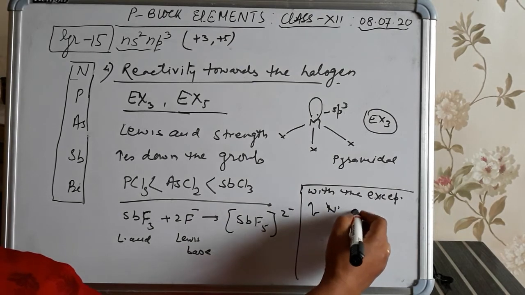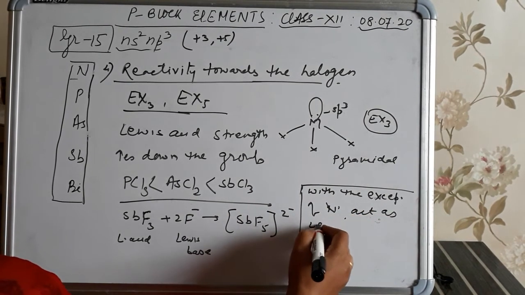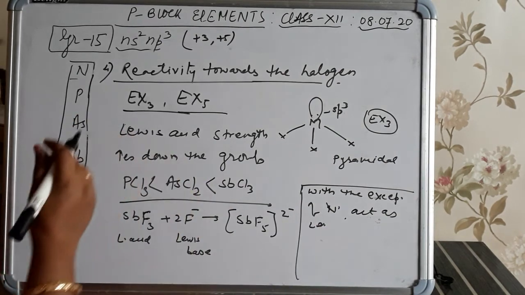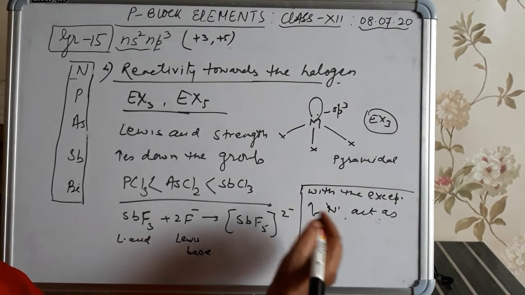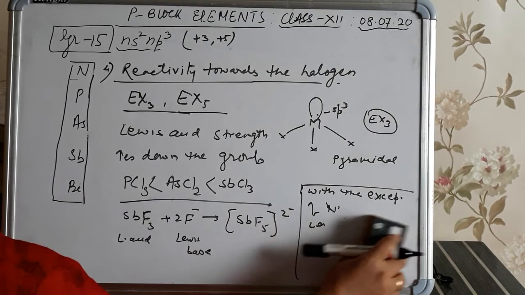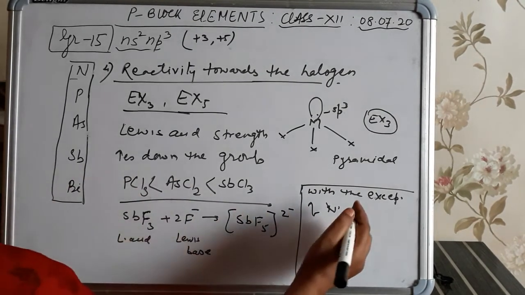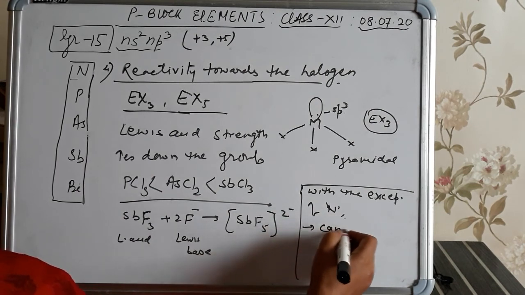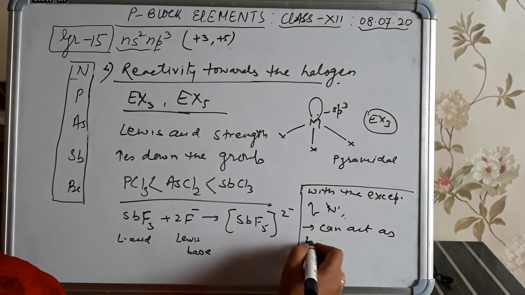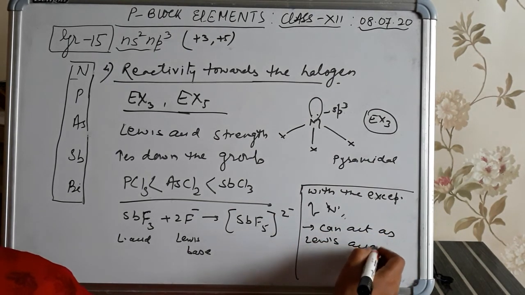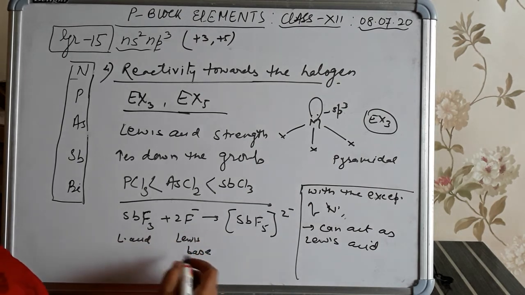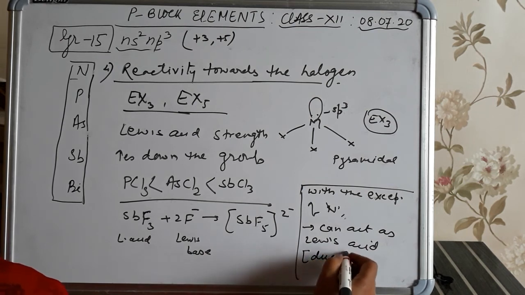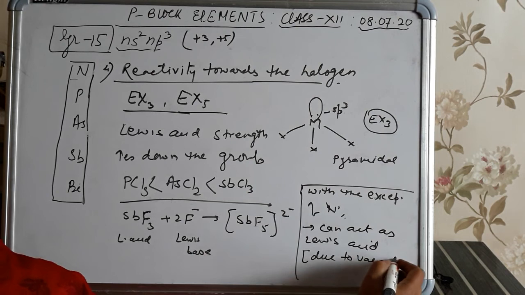With the exception of nitrogen, all members can act as a Lewis acid by accepting an electron pair in the vacant d orbital.